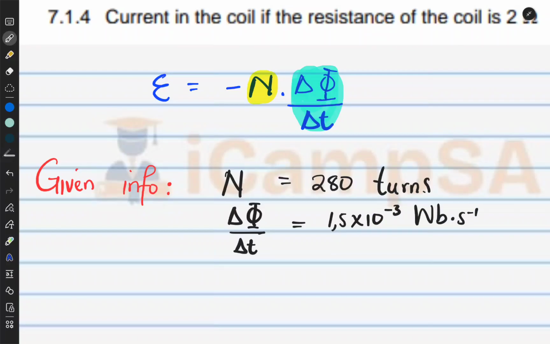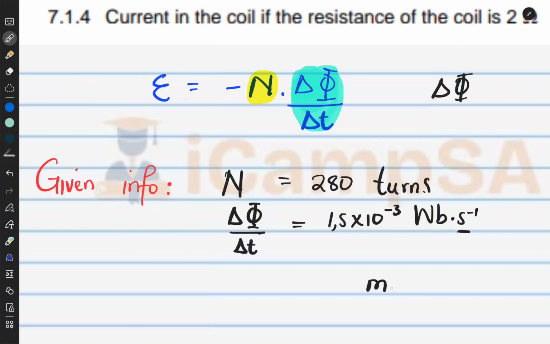The reason we were able to tell that it's delta phi over delta t, and not only delta phi, is because there was this per second, and we know that every time we have per second in an SI unit, it means whatever parameter is involved was divided by time.